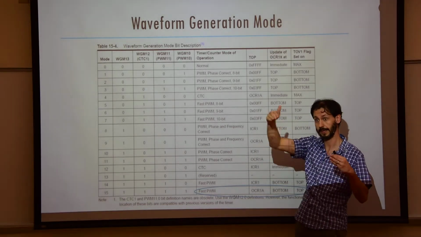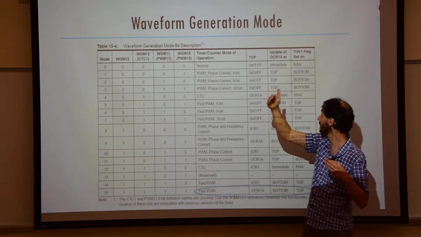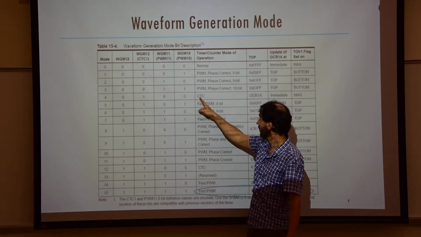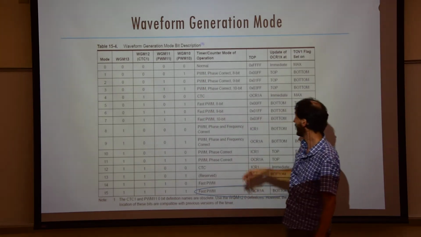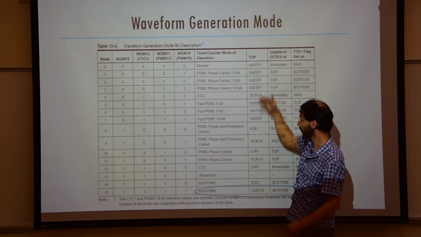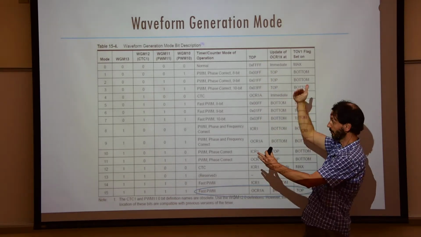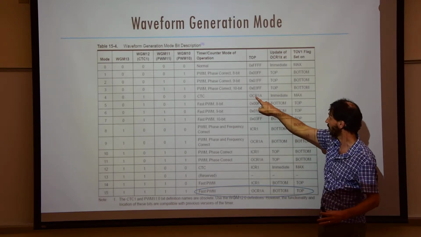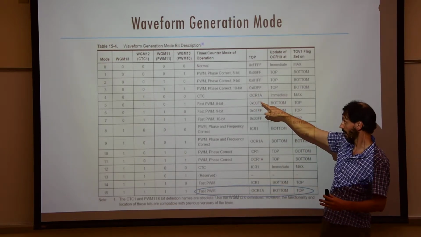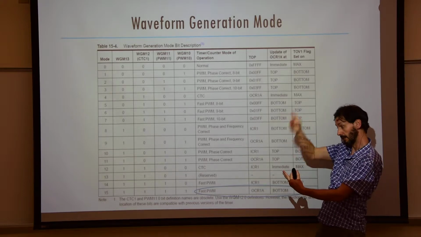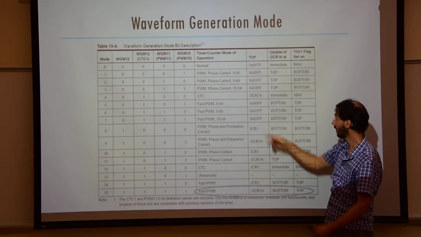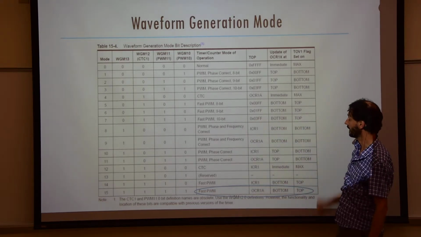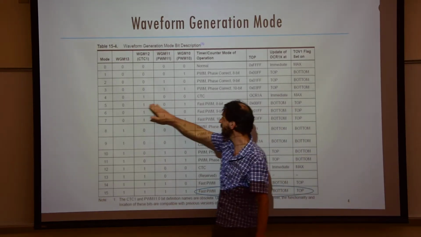It's just incrementing all the way up to the end, and it overflows and keeps on going. We talked about CTC, which is when you match, so the top value of your sawtooth is given by the register value OCR1A, and when you reach that, you clear the counter back to 0, and you continue like that. So that was the CTC mode.